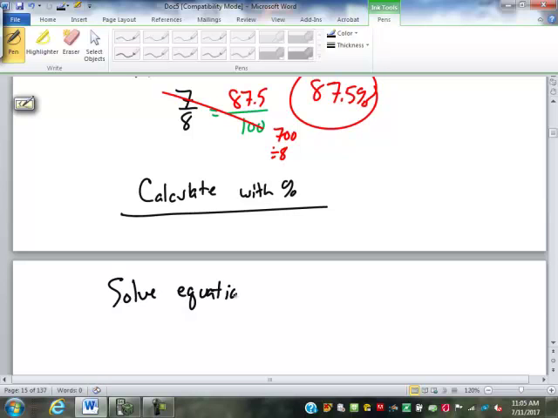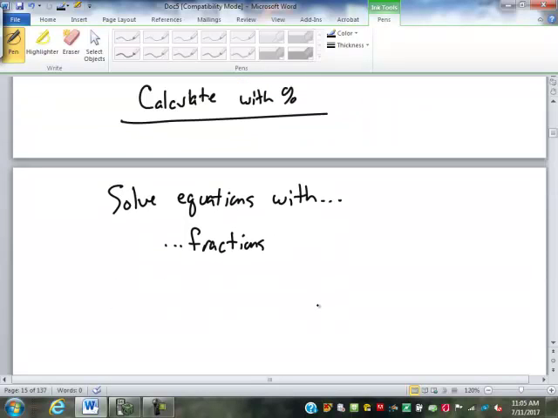You need to be able to solve equations with fractions. We've looked at a few of those. Like 3/4 x minus 2 1/8 equals 5.5.